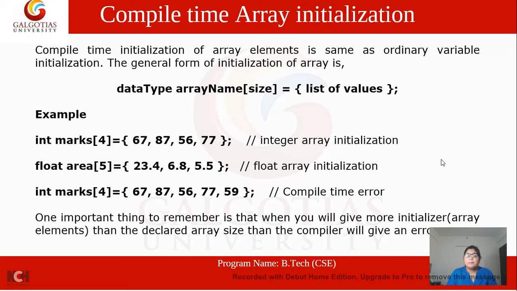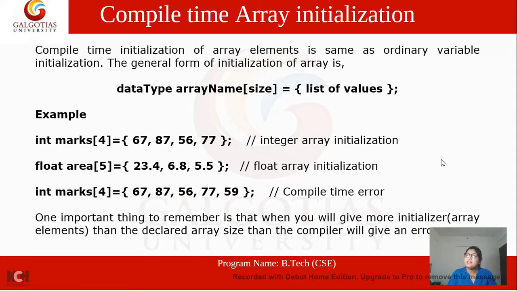So the important thing to remember is that when you give more initializers, that means array elements by which we are initializing the array, than the declared array size, then the compiler will give an error, because we have not allocated space for 5 elements.